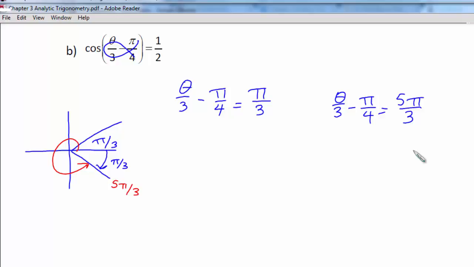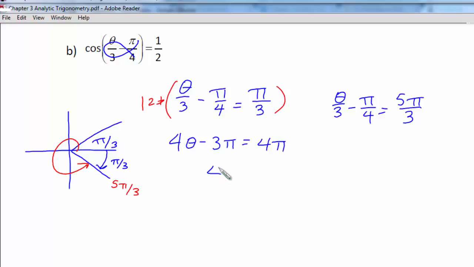Okay, so to solve this, I'm going to multiply both sides by the least common denominator, which would be what? 12. So multiply by 12 on both sides. 12 theta over 3 is 4 theta, minus 3 pi, equals 4 pi.